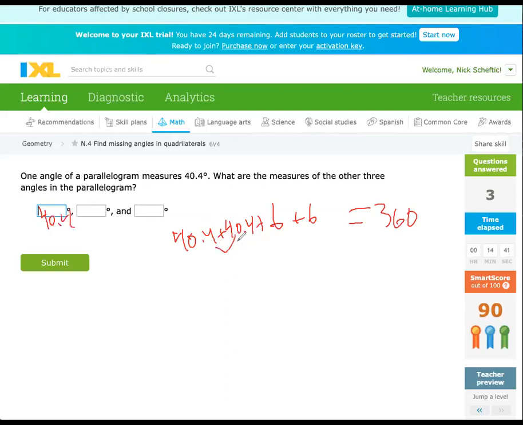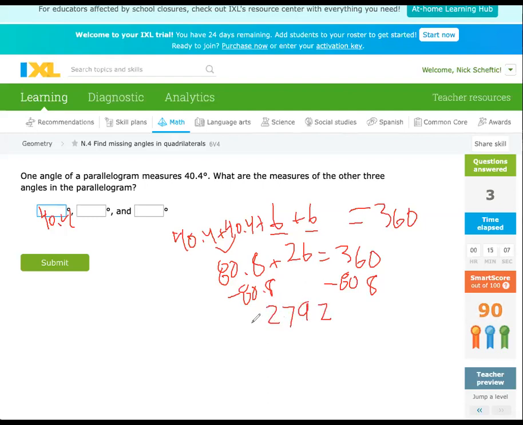These two combined are going to be 80.8, plus 2b. So b plus b is going to be 2b, and that's all going to be equal to 360. So I subtract 80.8 from both sides. 360 minus 80.8 is going to give me 279.2 is equal to 2b.